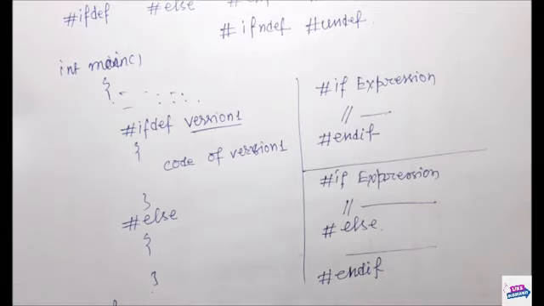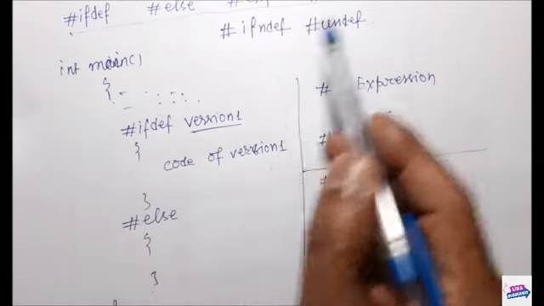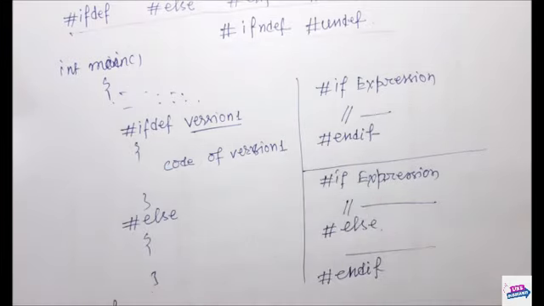We have used #include <stdio.h> and #include <math.h>. We can use angle brackets or double quotes. If I use angle brackets, it searches only the standard directory, and if I use double quotes, the search starts from the current directory, then the standard directory.